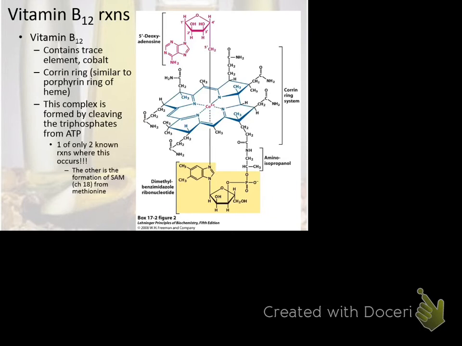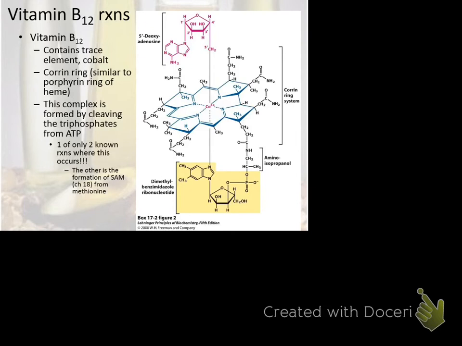Iron. And so what happens here is you get this complex because it requires an ATP, and it's only one of two reactions where this occurs, where the phosphates are the leaving group. It's like the entire triphosphate is a leaving group. The other reaction is going to be from SAM, which stands for S-adenosylmethionine. That's really important.